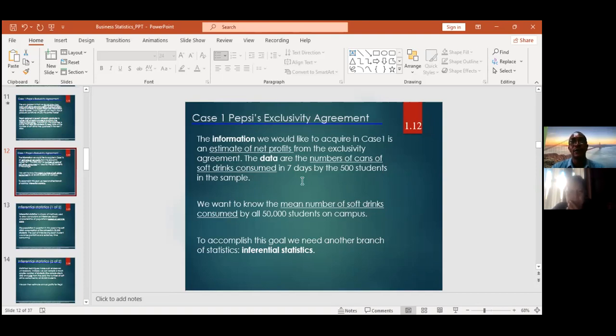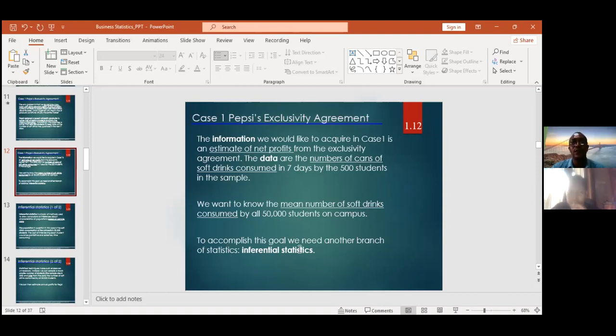So you see how statistics can be applied to get more information about the case study. So what is the data in this case? The data in this example is the number of cans of soft drinks. To accomplish this goal, we need another branch of statistics called inferential statistics.